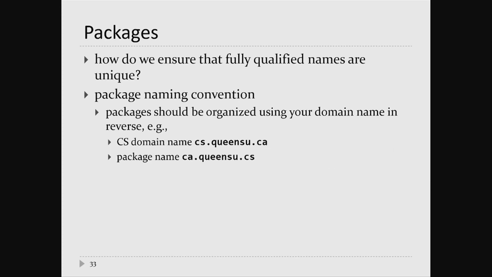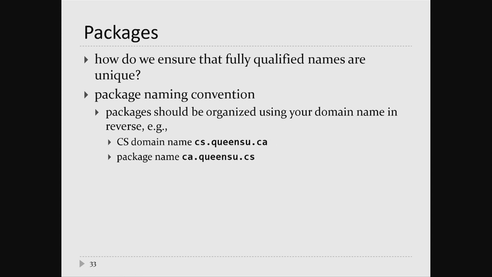Okay, so that's all the fundamental stuff. Oh, wait. I must have skipped over something here. So how do you ensure that fully qualified names are in fact unique? There's what's called a package naming convention. Packages should be organized using your domain name in reverse. For example, the computing science internet domain name is cs.queensu.ca.